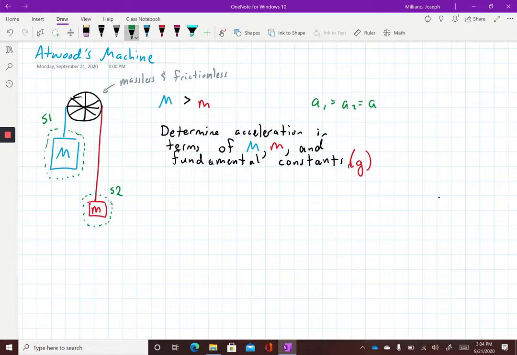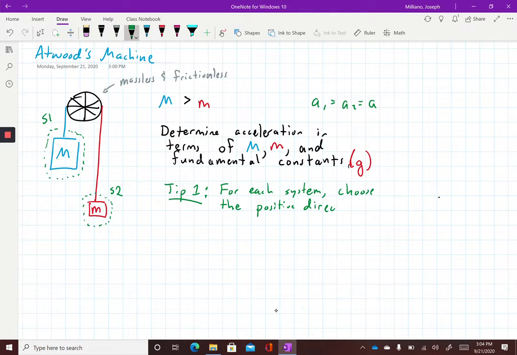I'm going to give you two tips for solving problems like this where there are two objects that are connected in some way. And here's tip number 1. For each system, I want you to choose the positive direction to be the direction of the acceleration.